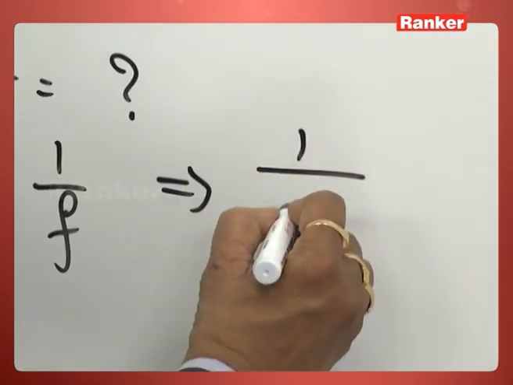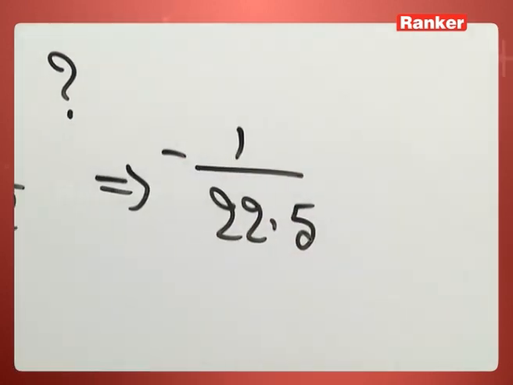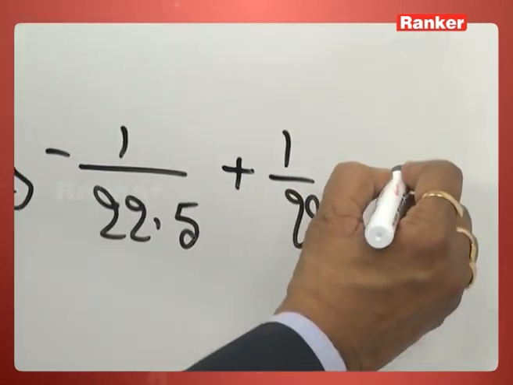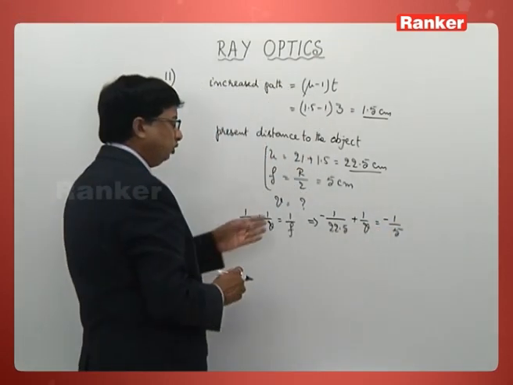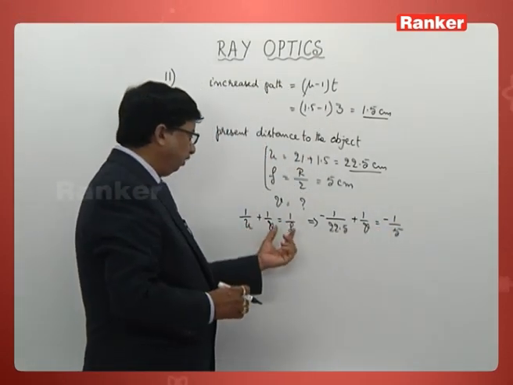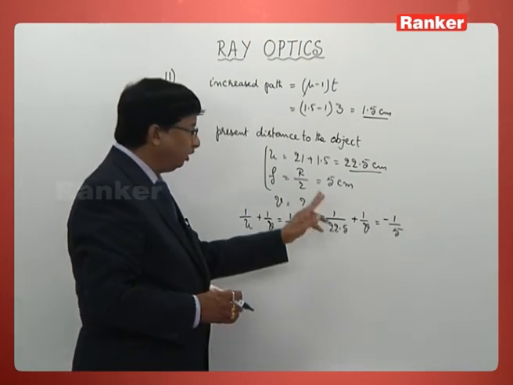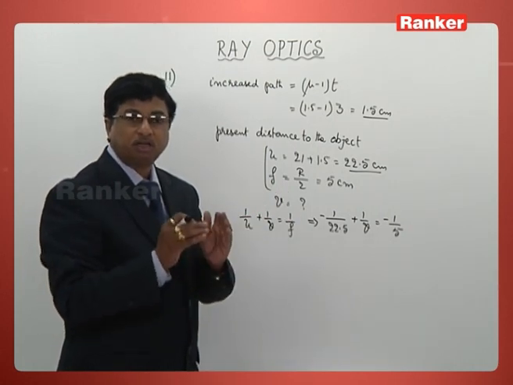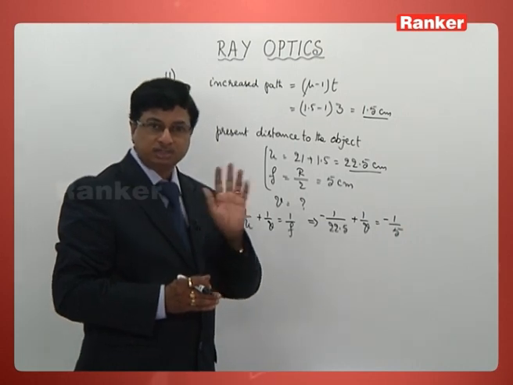It's 1 over 22.5 with a negative sign plus 1 by v is equal to minus 1 over 5. So you can understand u is negative, f is negative. Automatically, whatever the value of v we are going to get here will also be negative. That is actually the sign convention what we all know as far as concave mirror that is concerned.